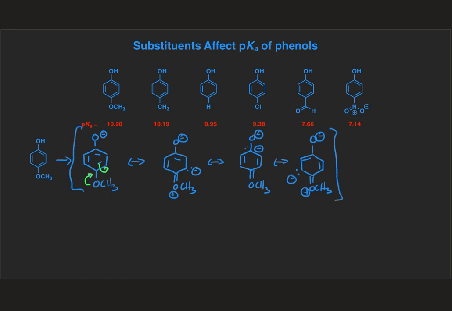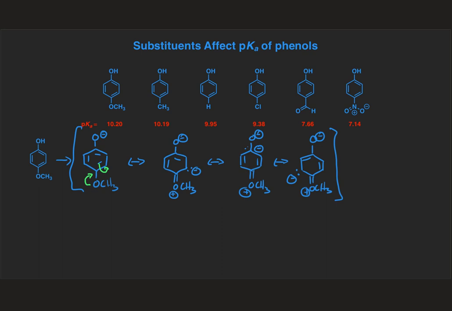Since methoxy is electron donating, we're pushing electrons towards the O minus, and specifically this resonance contributor, which is missing a positive charge. This resonance contributor here, where you put two minus charges right next to each other, is making this oxygen really want to give away electrons more, and so it's making this a stronger base, or the phenol is a weaker acid, because these electrons are ready to be given away.